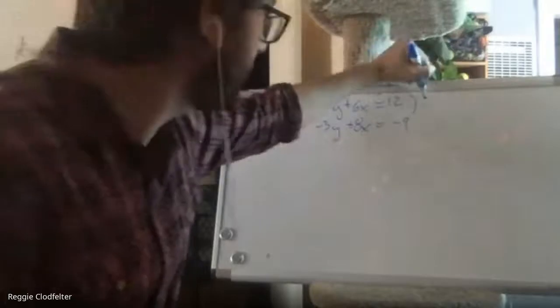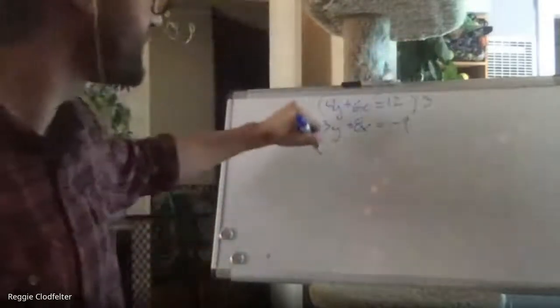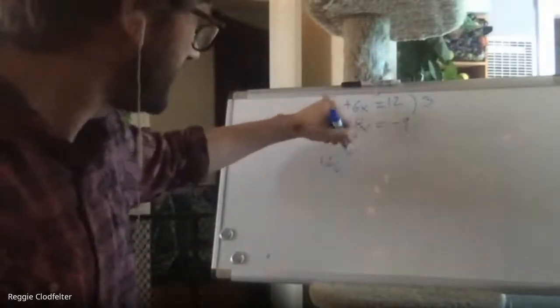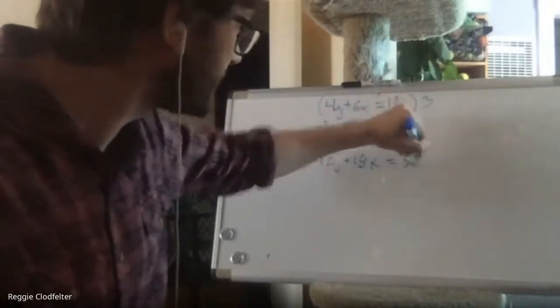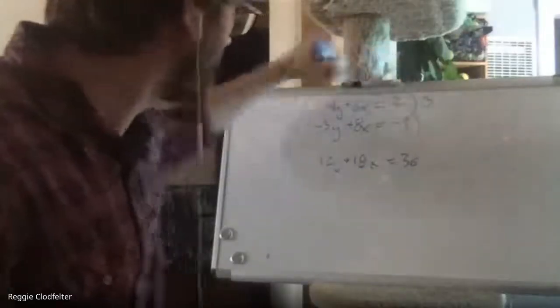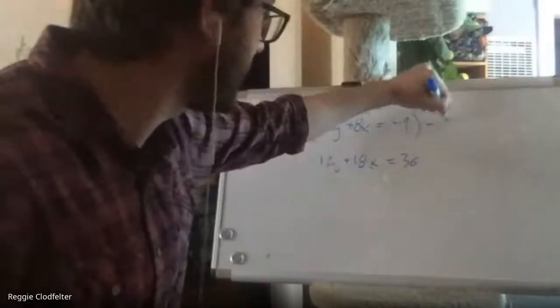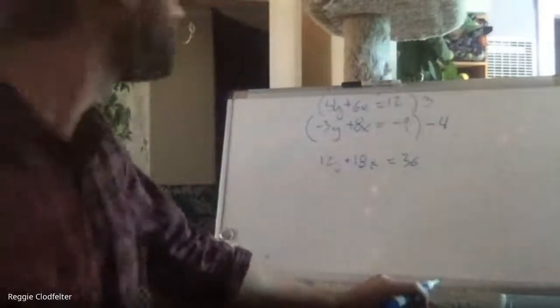So to get the top as a positive 12y, you multiply it by 3, which is going to give us 12y plus 18x equals 36, right? Mm-hmm. And then to get the bottom as positive 12y, you have to multiply it by -4, right? Yep.